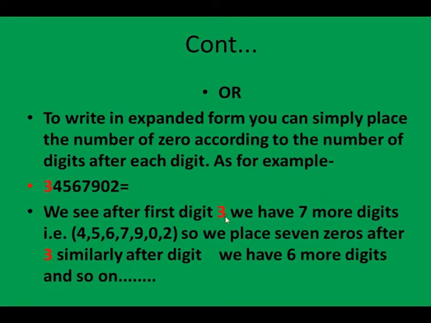So we will simply place 7 zeros after 3, and then the next digit is 4, and we have 6 more digits after 4, so we will place 6 zeros after 4, and so on. According to the number of digits left behind, we place the zeros accordingly behind the digit, and we can write it in expanded form.